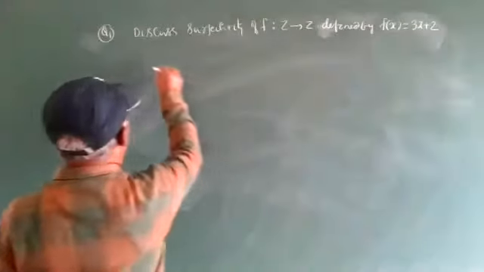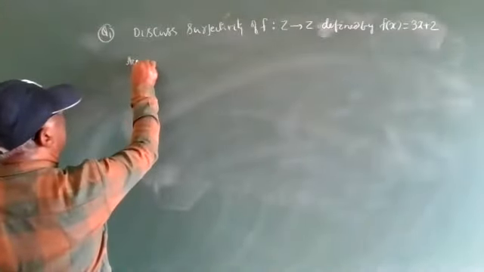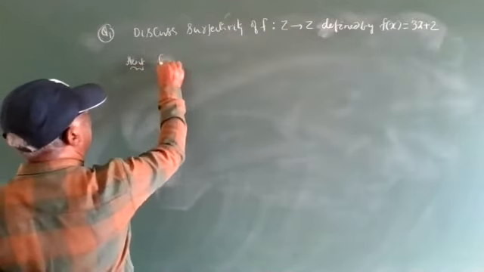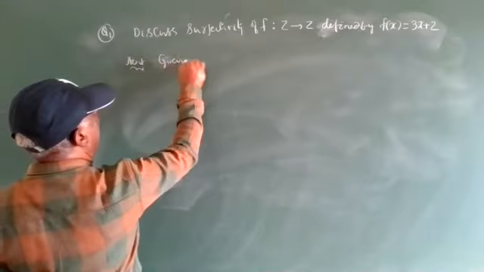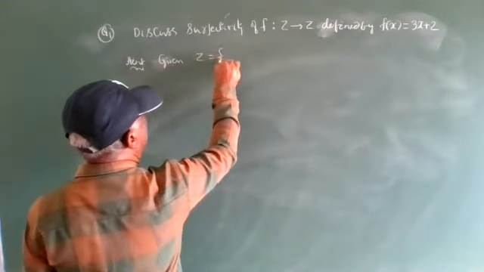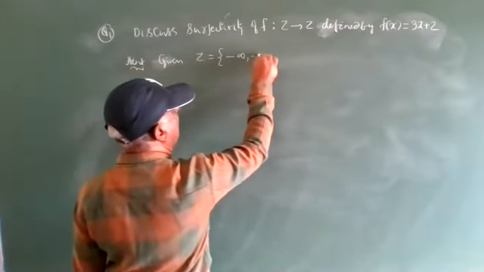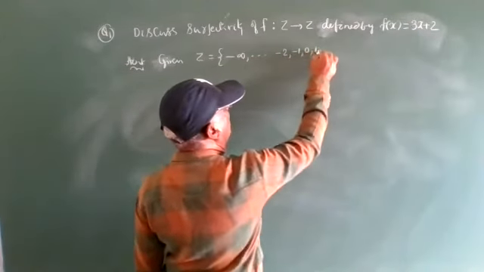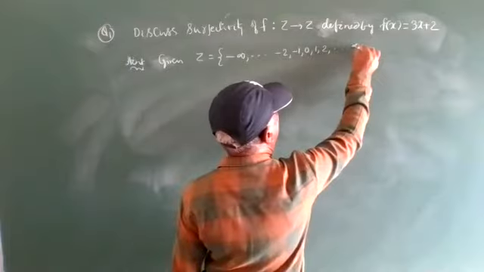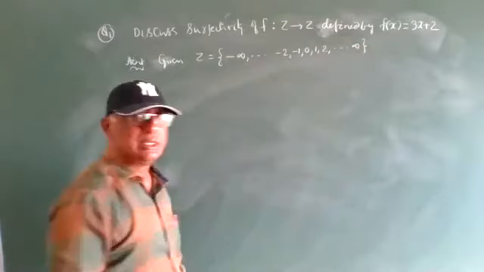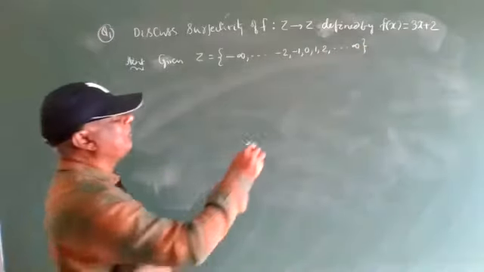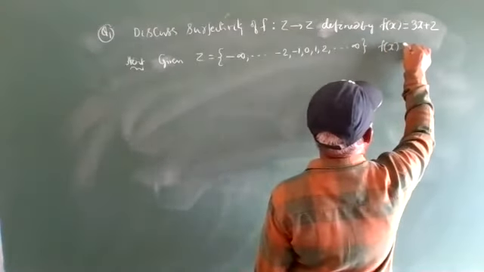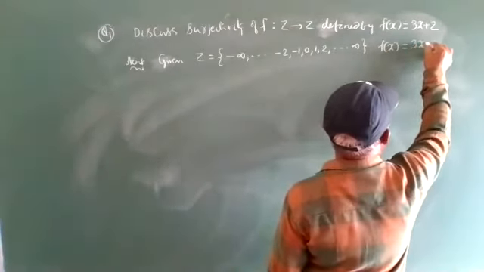First write down what is given. Here Z means integers: minus infinity, minus 2, minus 1, 0, 1, 2, 3, plus infinity. This is called integers. Next, f of x is given: f of x is 3x plus 2.